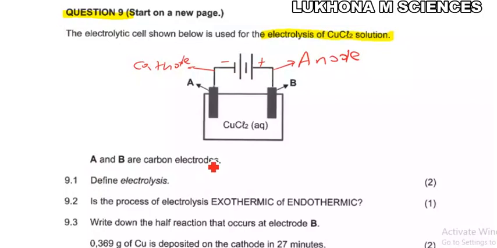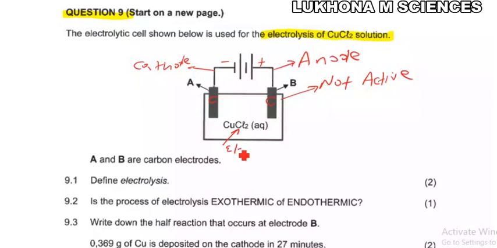A and B are carbon electrodes. So this electrode is made up of carbon, and this one is made up of carbon, meaning that the electrodes are not active. They are not active electrodes because carbon is not there in the electrolyte.